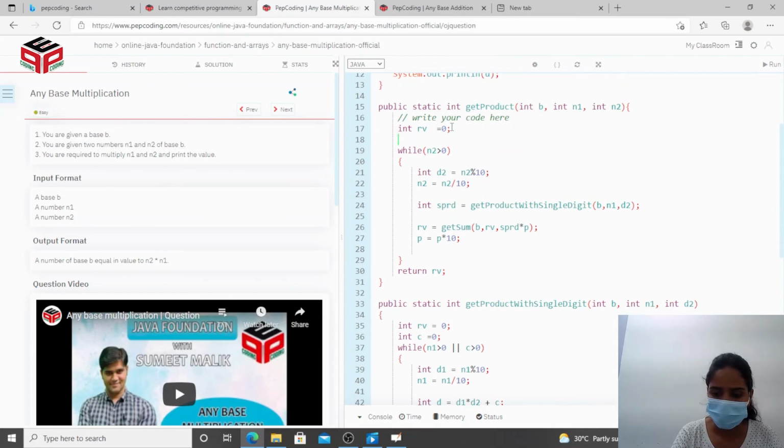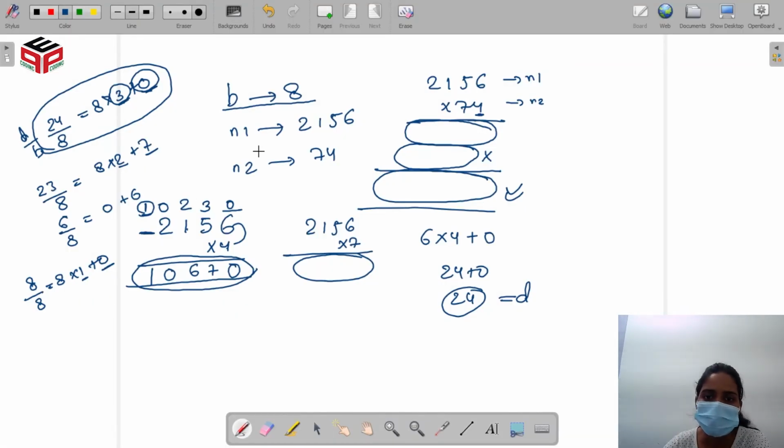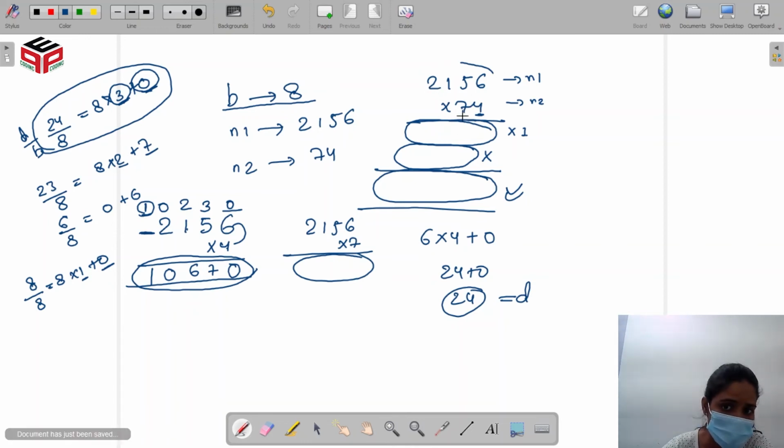And p will be initialized by 1. Why am I multiplying this by p? See, when this number 2156 is multiplied by 4, we get some result. So I'm multiplying this by 1 because I don't want to shift this number. But when the same number 2156 is multiplied by 7, I have to shift this number by 1 place.